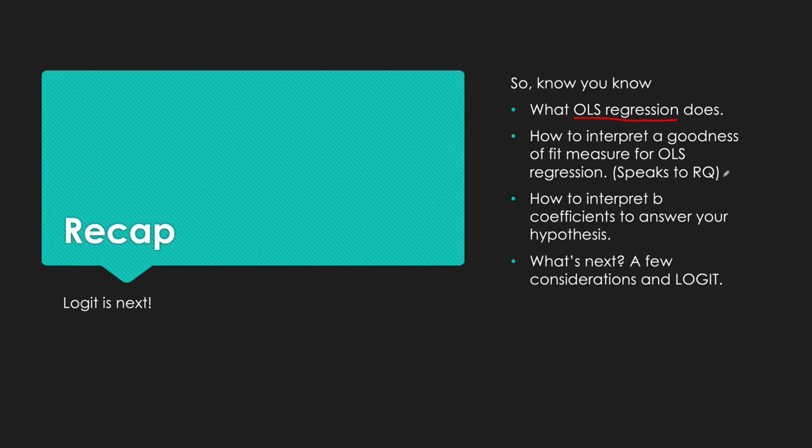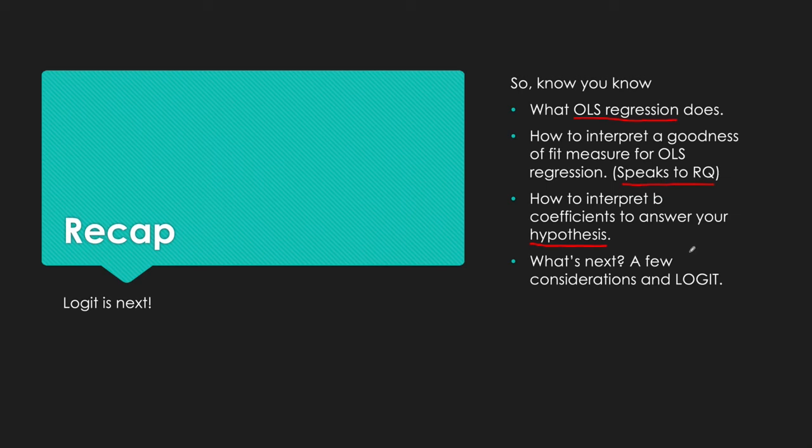We've also focused on how to interpret a goodness of fit measure for OLS regression. That R-squared term speaks directly to your research question, so you now have an answer to the question that you posed in 215. Third, we now know how to interpret beta coefficients to help provide some sort of answer to your hypothesis. Either you show some support or you don't show some support for your hypothesis.